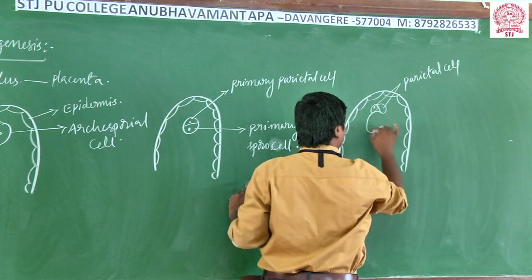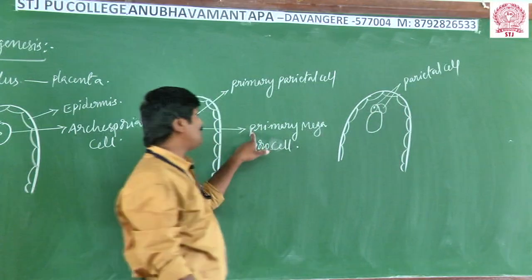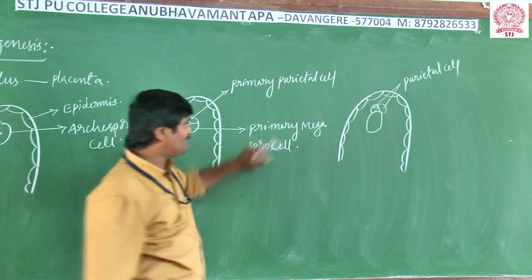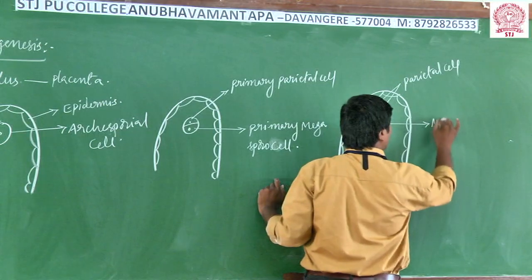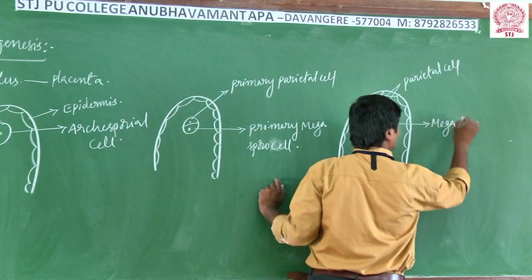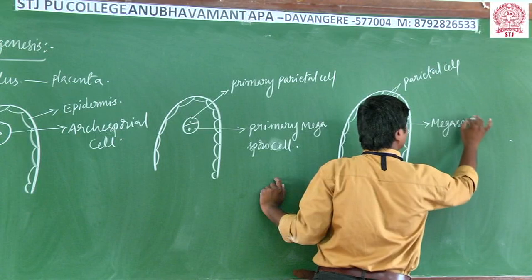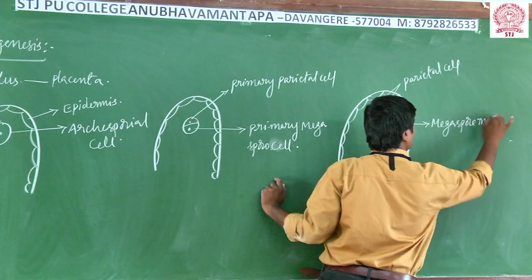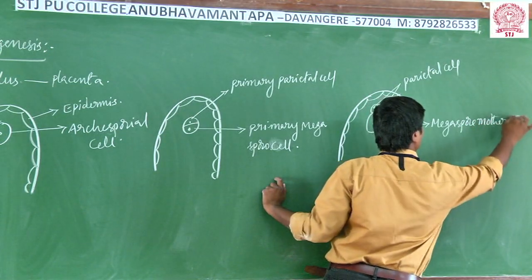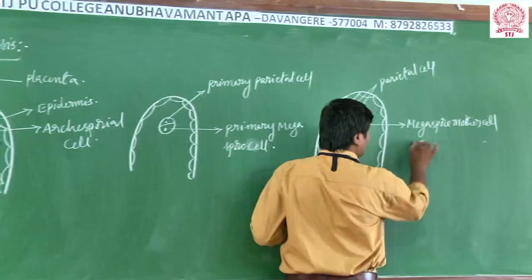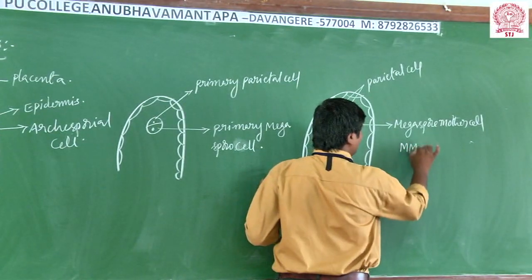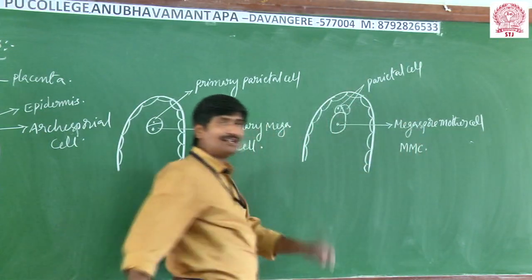Next, the primary megaspore cell is differentiated into the megaspore mother cell. Megaspore mother cell is also known as MMC.